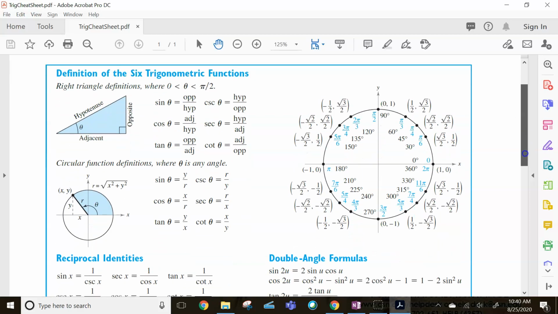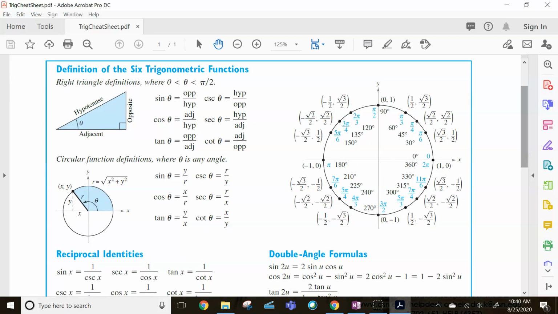You'll notice it has the angle, like in this case pi over 6 is with the 30 degrees. Here's your unit circle that we're going to refer to as we're doing these problems.